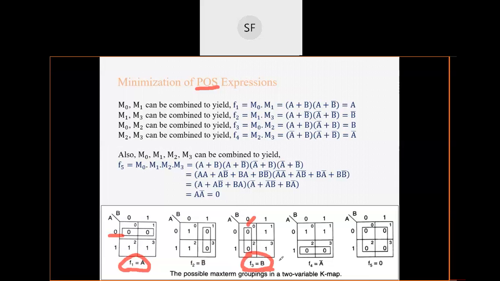right? So in this way you have to verify all these, and the corresponding expression you can verify from these four lines also. By expanding these two, by multiplying these two terms also, you will get the same values, right? M0 M1, if you expand it accordingly, you will be getting A here.